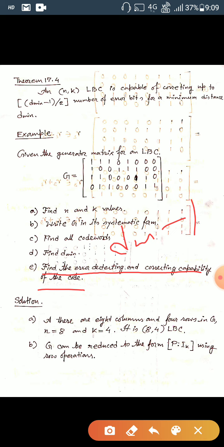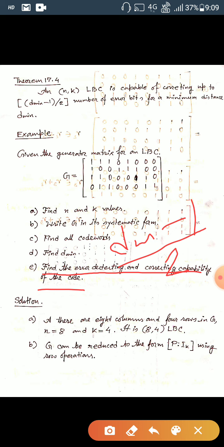If any error occurs, then at the receiver side it can identify that yes, some error has occurred. And how many errors can be corrected? This is defined by d min minus 1 divided by 2. So 4 minus 1, the value will be 3 by 2, so one bit position error can be corrected.